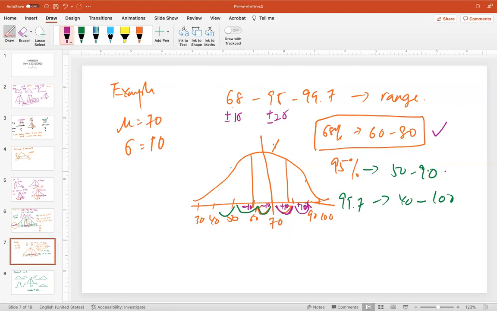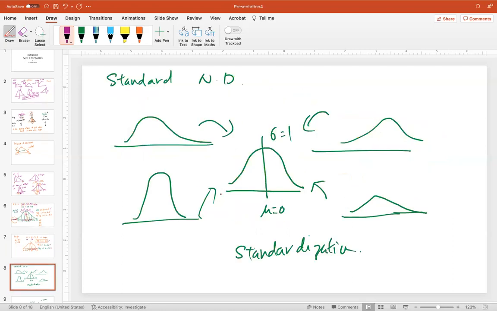Therefore, you have the range, most of the data, 95% of the data is covered within the range of 50 to 90. Therefore, 99.7% is 3 standard deviations, and therefore I have the answer, 40 to 100.